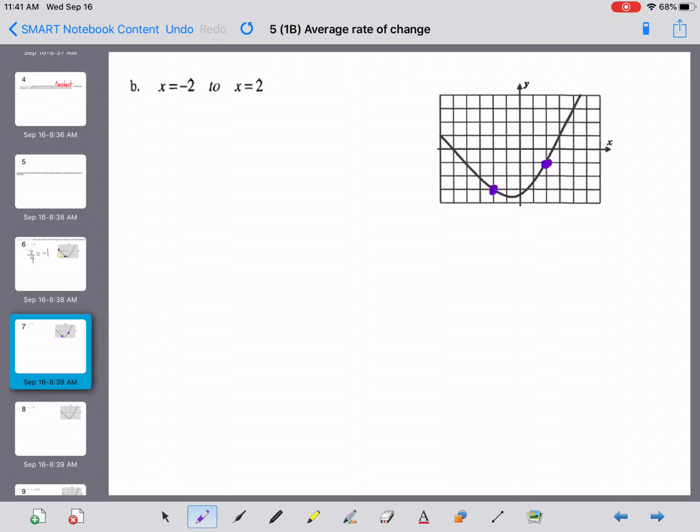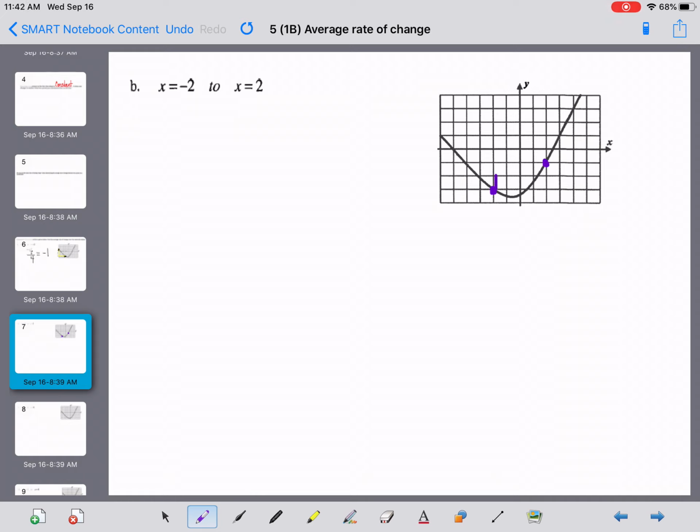And let's draw our triangle. And actually, by the way, I'm going to redraw that because we can draw it like that. But again, -2 to +2.